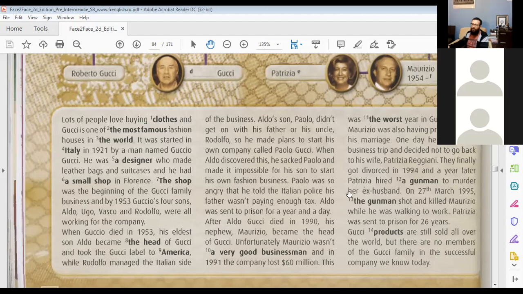What do you think, Sophia? Why do you think she wanted her ex-husband dead? Also to grab his money. But how can she get money if they are divorced?